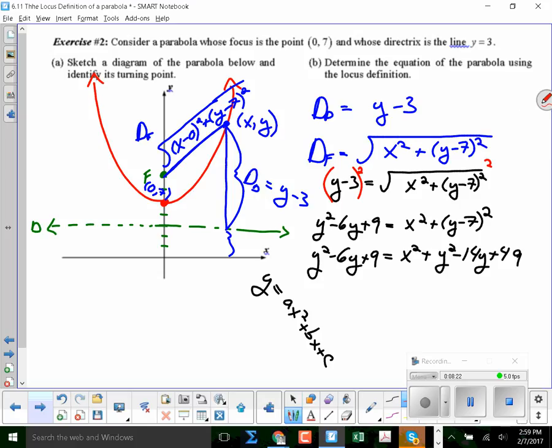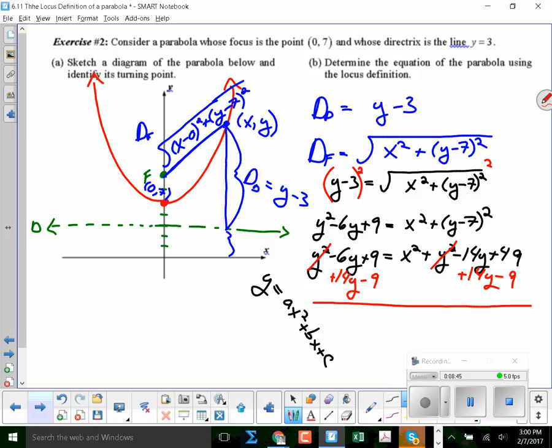Each side has a y squared, so I can subtract it and they both go away. Now I'm going to take this 14y, that's got to go to the left-hand side, so I'm going to add 14y to both sides. This positive 9 has to go to the right-hand side, so I'm going to subtract 9 from both sides.